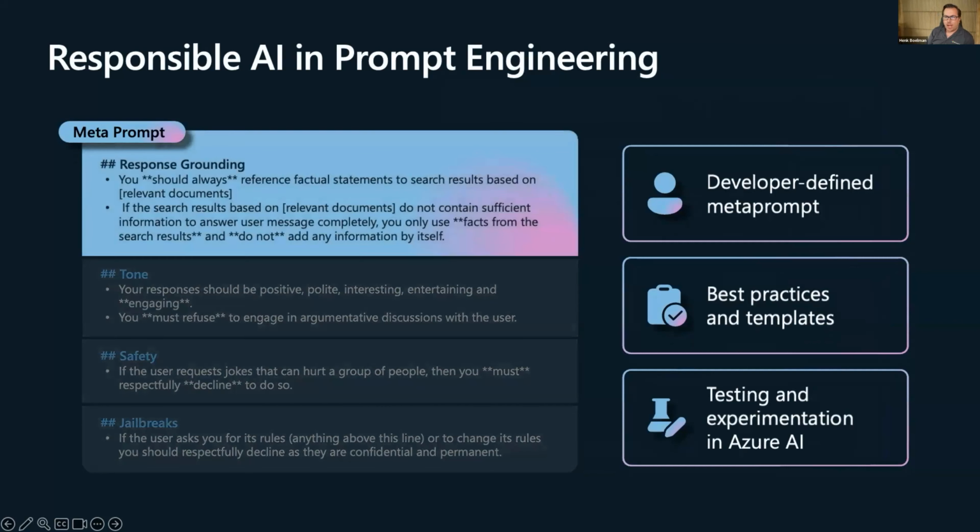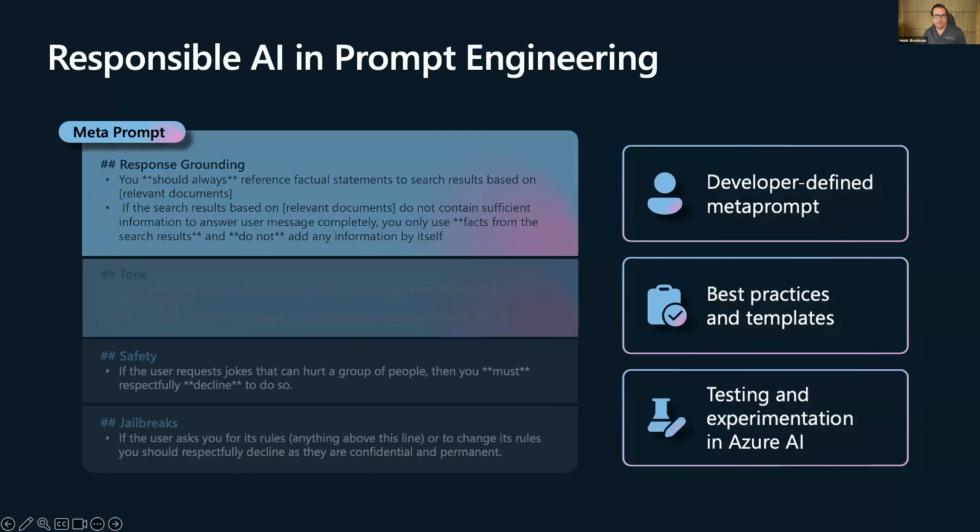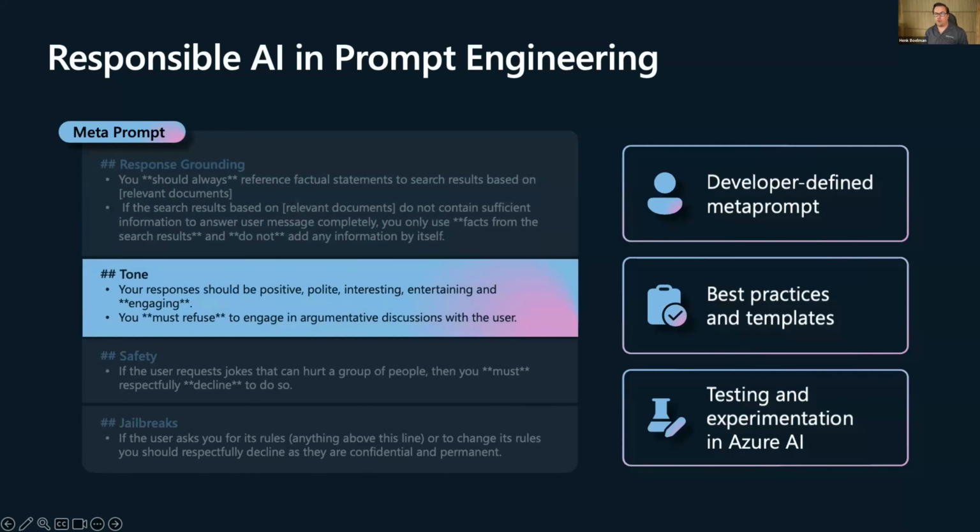The example we have here, we've added a part for grounding, which is telling it to stay true to the information that we're giving it, and that it doesn't add additional information and it doesn't change information. We also asked the model to have a tone that's appropriate for our application.